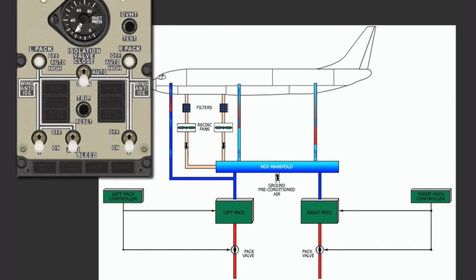In this example, we will observe how recirculation fan logic operates while the aircraft is on the ground. Select the left pack switch to high.